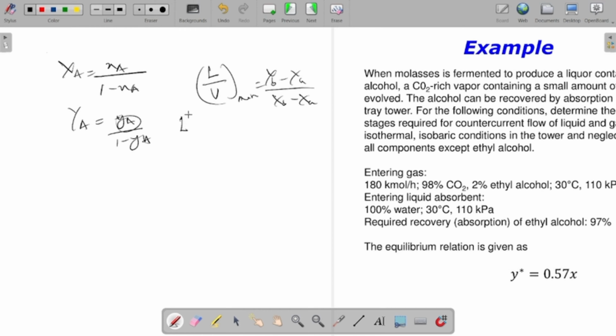So when talking about solid phase, which is L prime and V prime, the L prime becomes L times 1 minus XA, and this one becomes V times 1 minus YA. So basically it's easier for you to solve the questions this way, right?